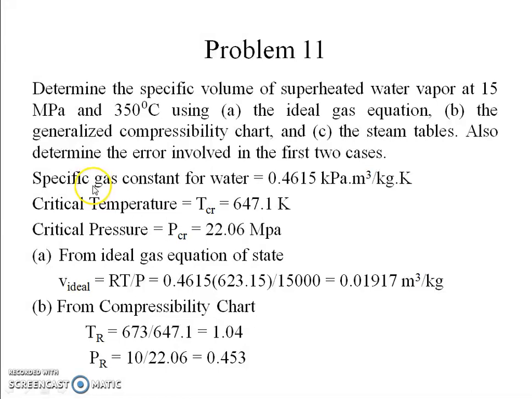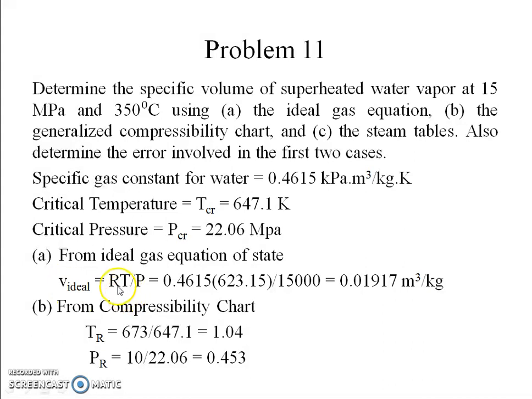For this, I need the specific gas constant for water, which is already given in the problem. It is 0.4615 kilopascals meter cube per kg per Kelvin. Critical temperature of water is 647.1 Kelvin and critical pressure of water is 22.06 megapascal. Application of the ideal gas equation is straightforward.